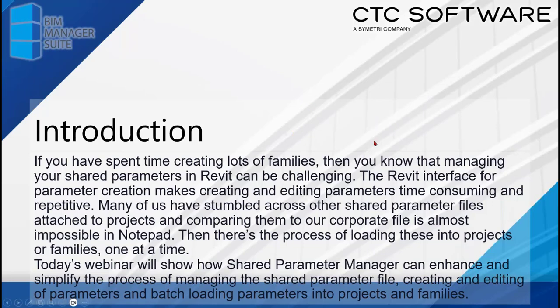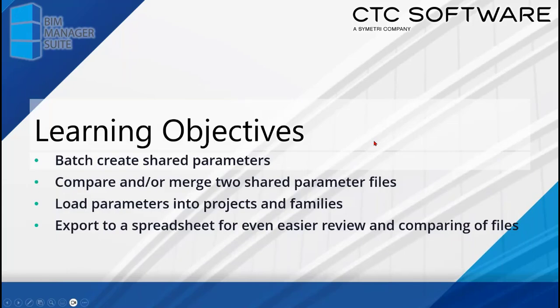So let's just jump right into it. If you haven't seen the Shared Parameter Manager before, I'll do a really brief intro to the UI for you. But then we're going to show you how to create parameters in groups, and we're going to batch create them so you don't have to do them one by one. And then I'm going to show you how we can compare parameter files with each other.